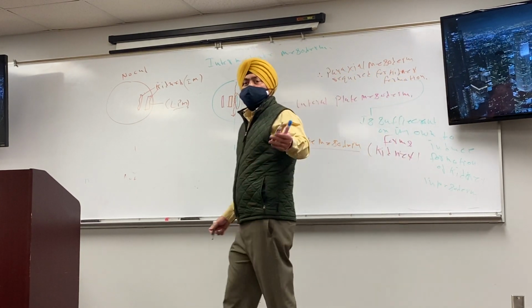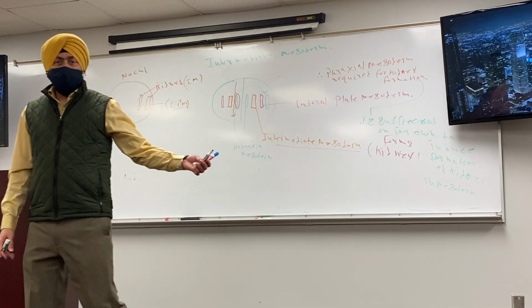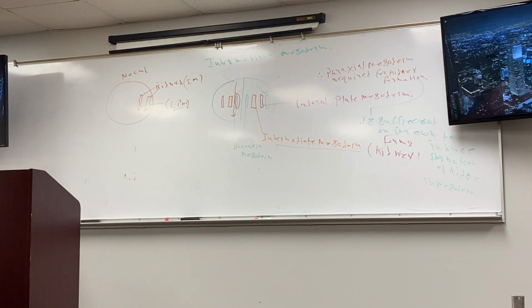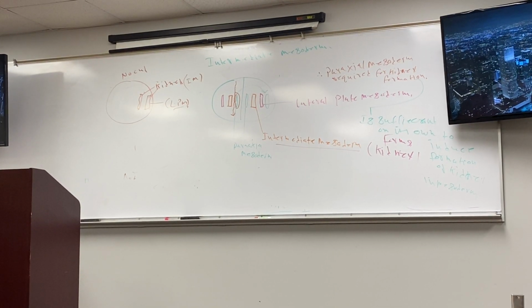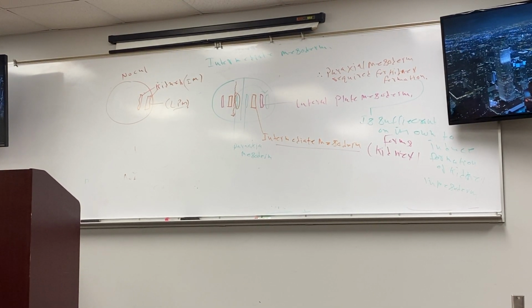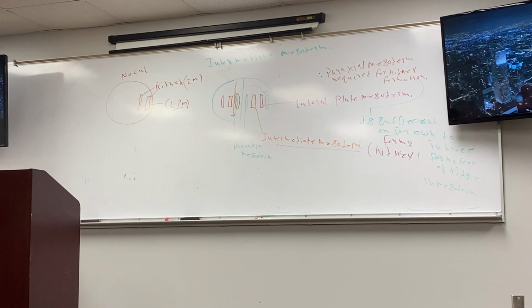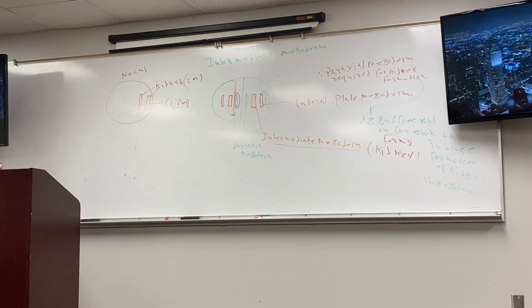Because paraxial mesoderm did not differentiate between lateral plate mesoderm or intermediate mesoderm. It just converted whatever mesoderm was there into the kidney. Making sense?